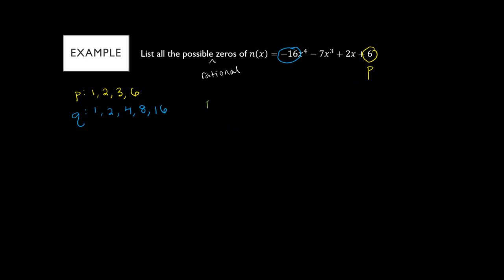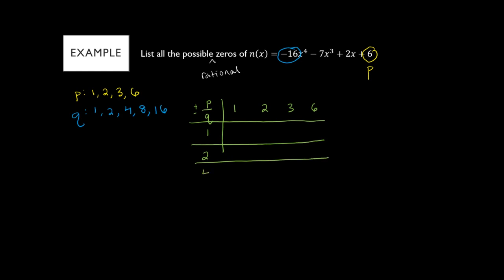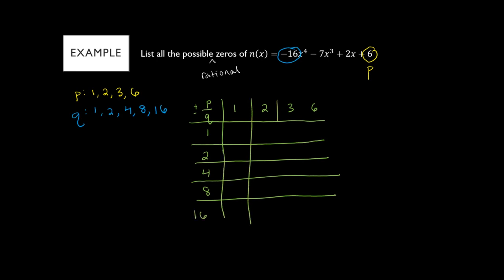So our possible zeros, or possible rational zeros, I'm going to have P going across, and then Q going down. Hopefully I left myself enough room this time. There we go.